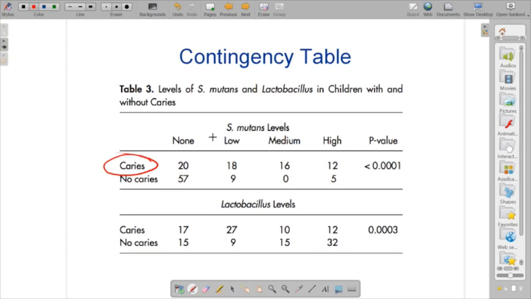But what we know, just looking at this data, is they have categorized the level of S mutans into none, low, medium, high. So in this case, we have 16 individuals testing positive for caries who also have a medium level of S mutans. So a similar thing. This is a contingency table. Well, there's actually 2 contingency tables here. You can ignore the p-values just for the moment.